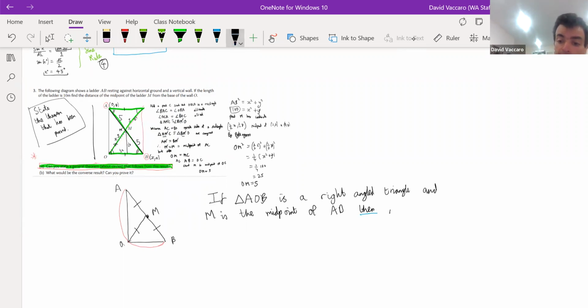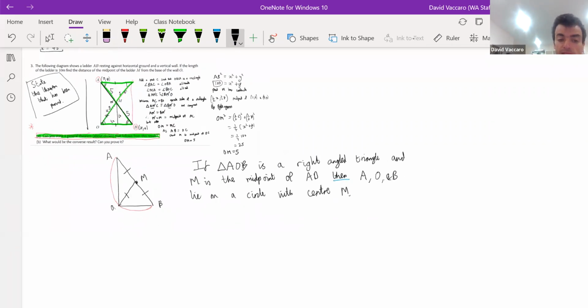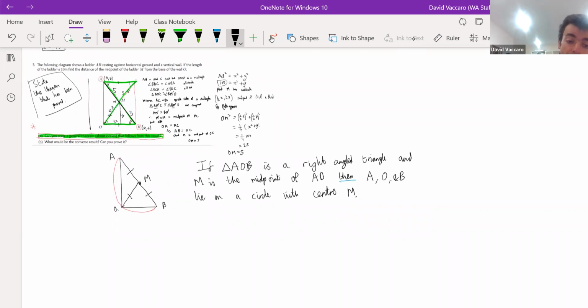Then A, O, and B lie on a circle with center M.